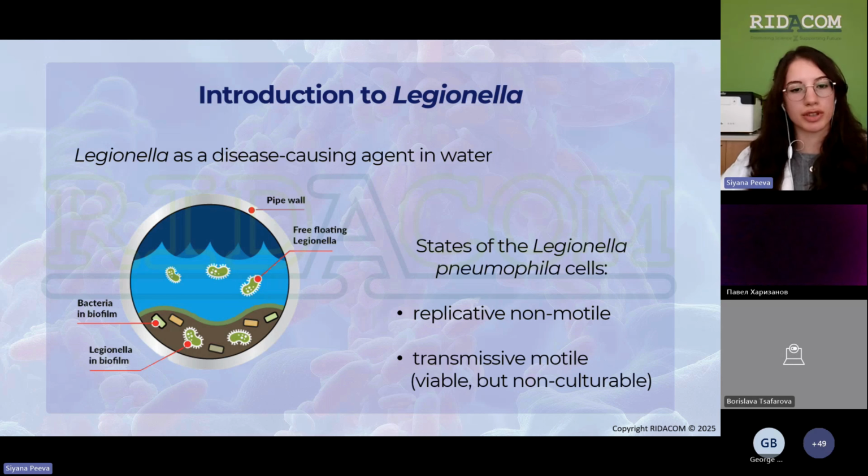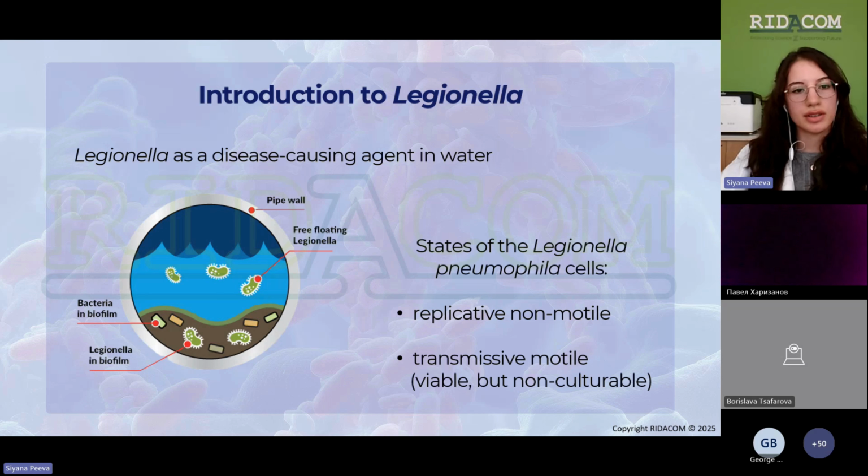But the transmissive motile state is in unfavorable conditions, where the cells are under stress or they don't have enough nutrients. So they transfer into this state, in which we cannot detect them through the culture methods because they do not multiply.